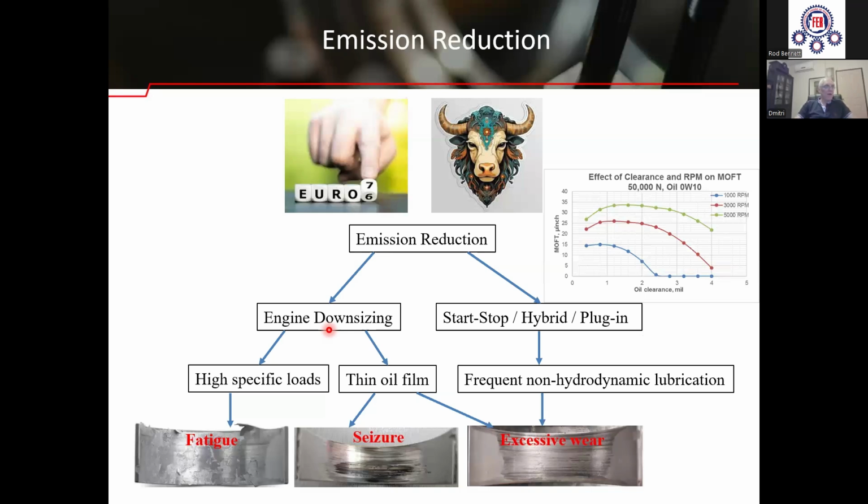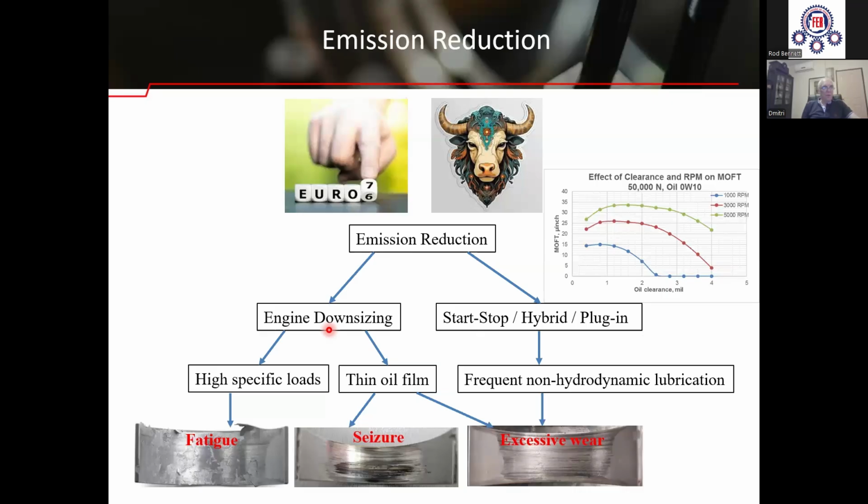Thus, higher forces developed in the cylinder act on a lower bearing surface, which results in a sharp increase of the specific load.